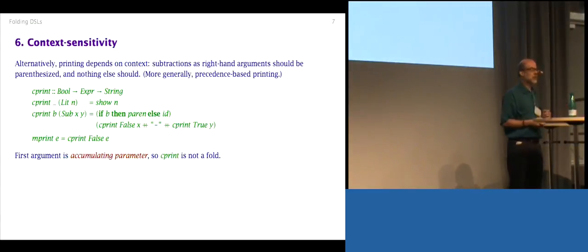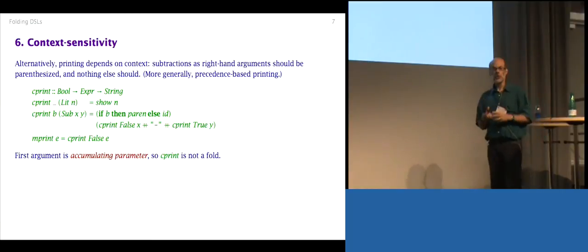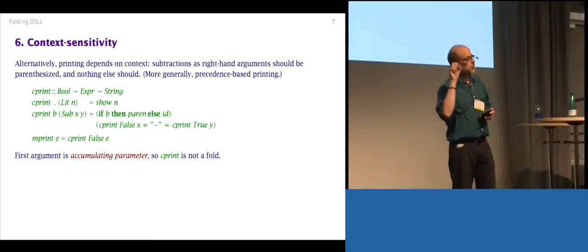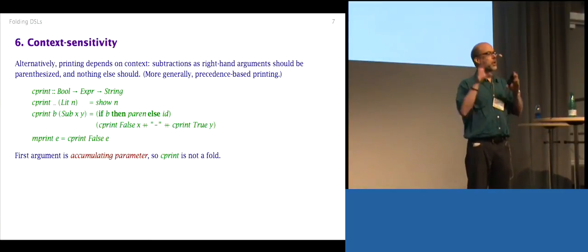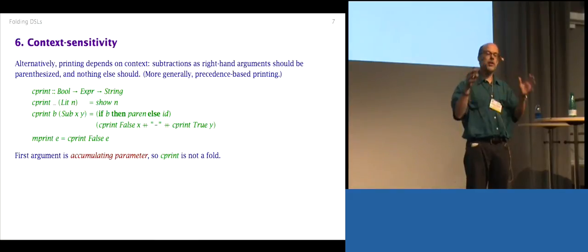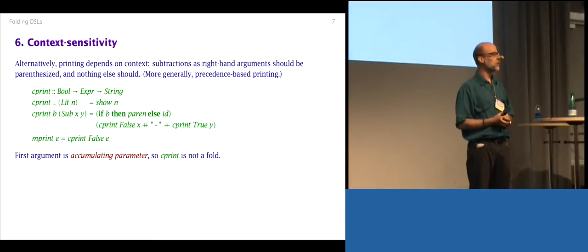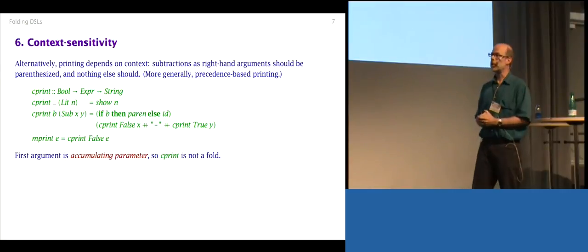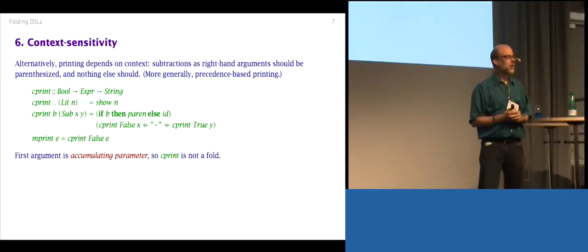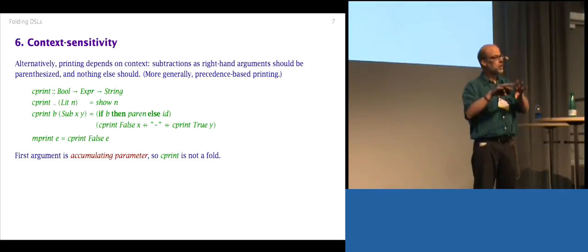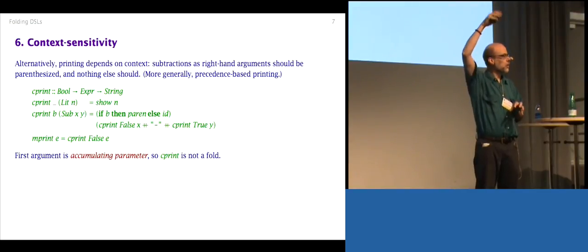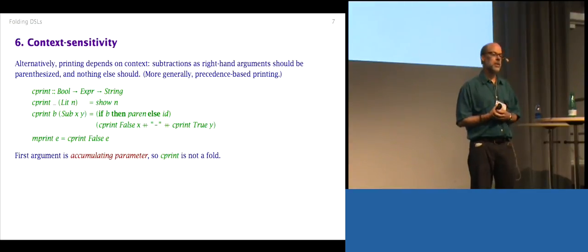Here's another way of doing the same problem. You can think of it as a context-sensitive interpretation. You pass in the precedence of the surrounding context, and that tells you whether or not you need to parenthesize in this context. And again, that's not obviously compositional, because the interpretation of a term depends not just on the term, but on the context in which that term is found.